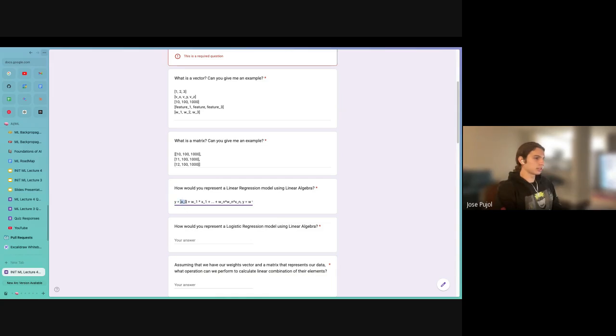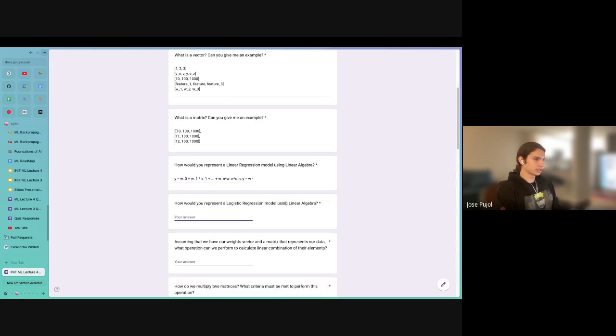For the bias, typically in our weights vector, it will often start as 1, and then you'll have W1, W2. That's because if you multiply by 1, you just get your bias. And then when you add it all up together, it's going to look like this. So I hope that makes sense.